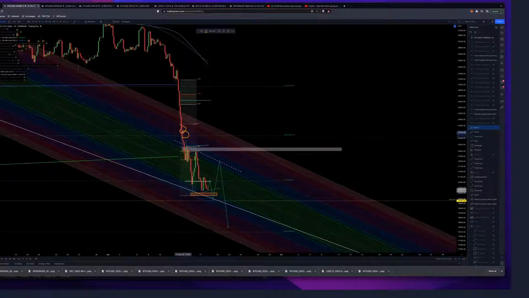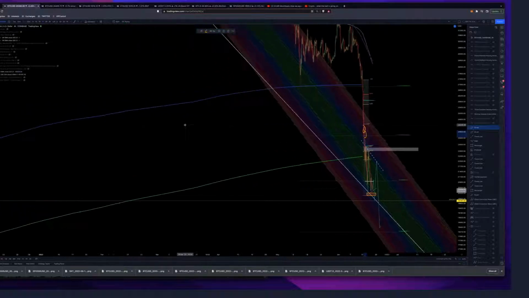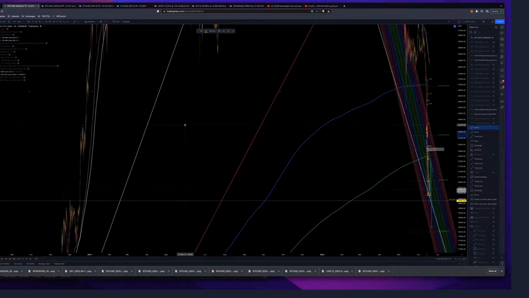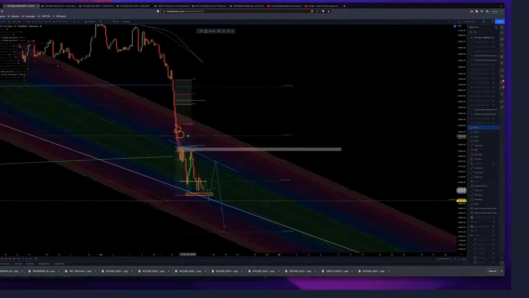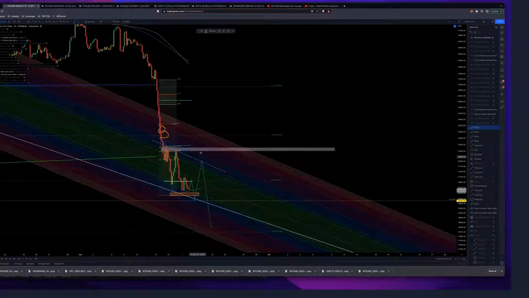That is in the 23.5 to 24 range. And if you go across, there is something, I remember seeing it somewhere before. Here we go. This was resistance on the way up, which is about 24,300. So even if we do get a bounce, I don't see going above that.